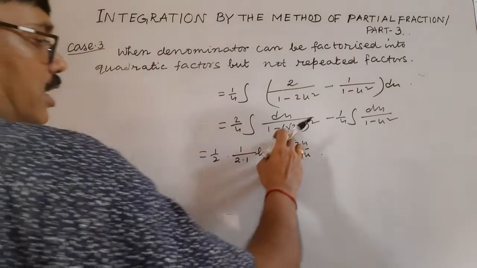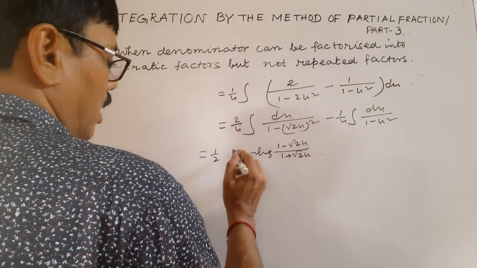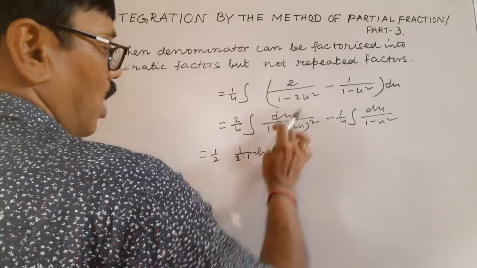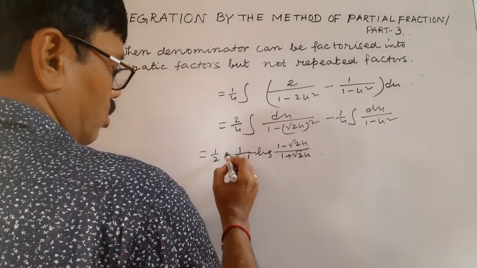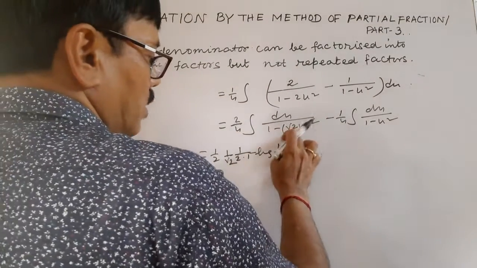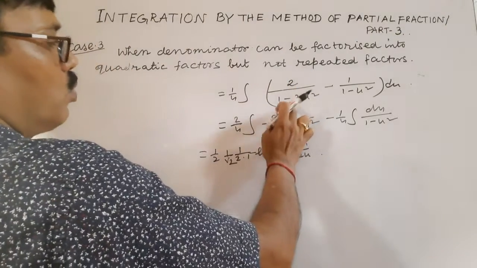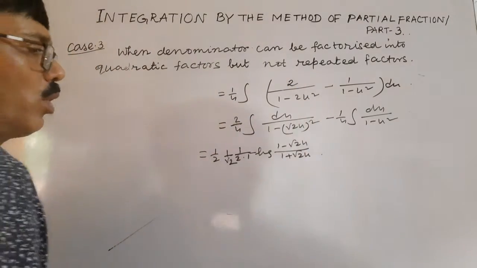Mind it is linear, so it will be multiplied by 1 by root 2 again. So you put here 1 by root 2, due to the presence of this root 2. Otherwise, you have to take 2 common to make the coefficient of u square 1.